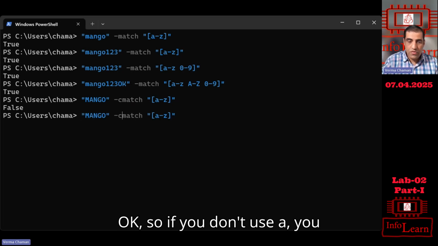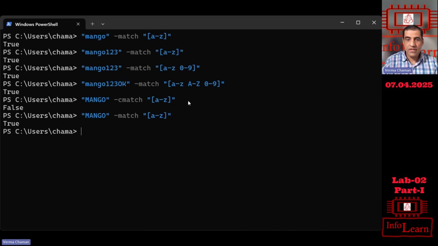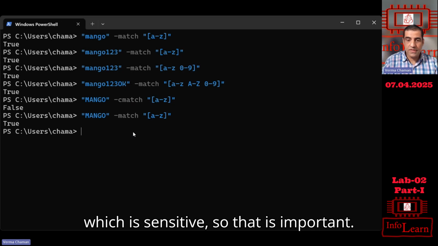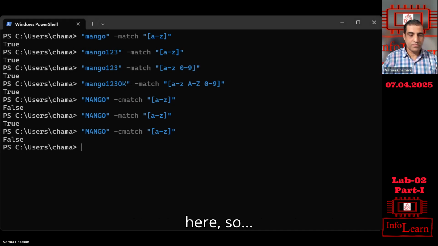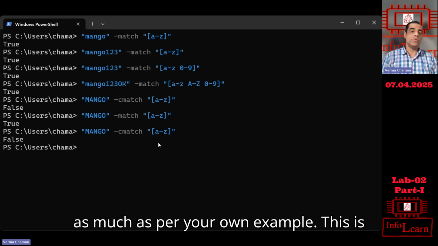If you don't use case sensitivity, then it is okay, but if you have a certain input which is case sensitive, that is important. Look here, it gives false. This way you can practice as much as you like with your own examples.